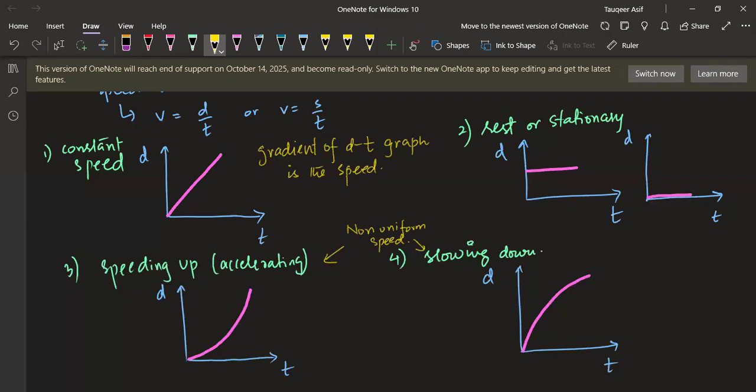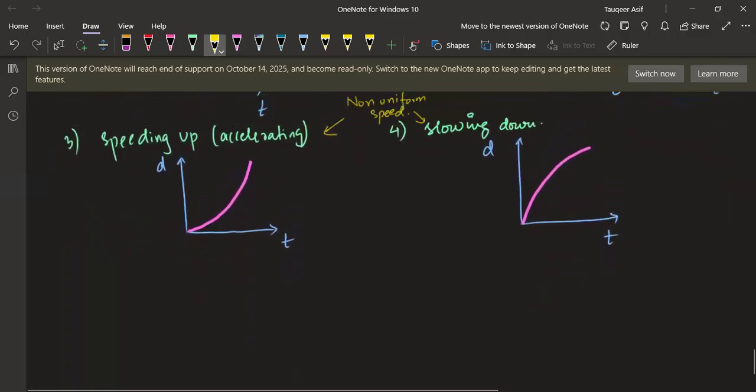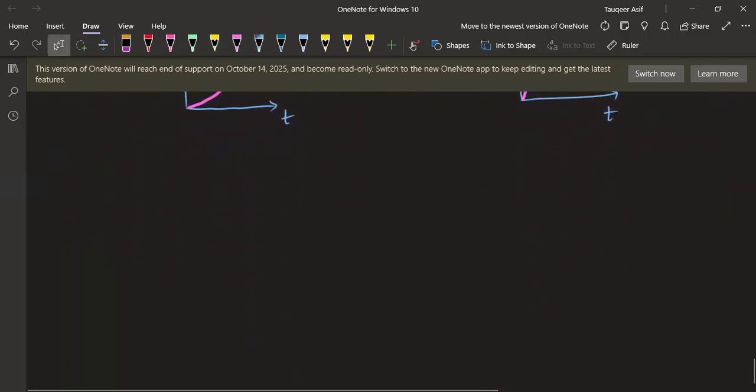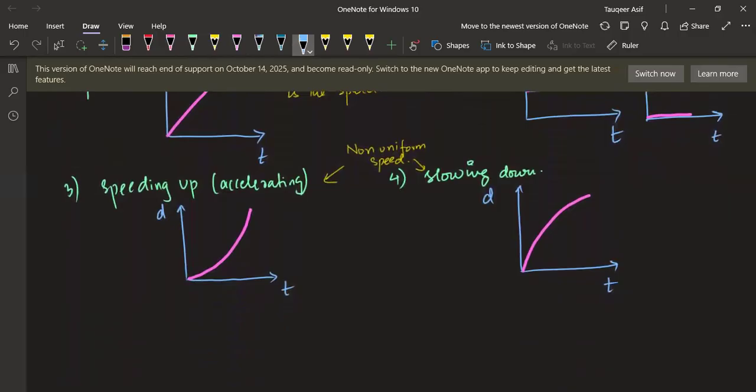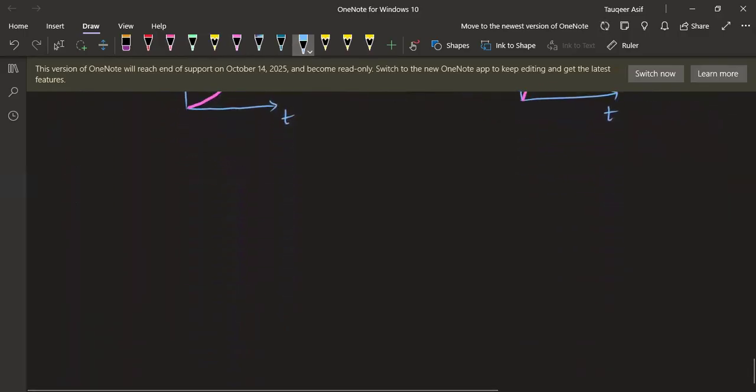Now we're going to work on the speed time graph. Let's talk about acceleration.